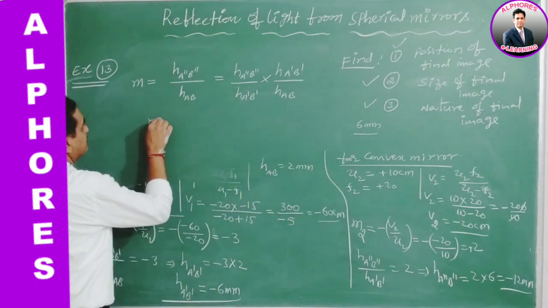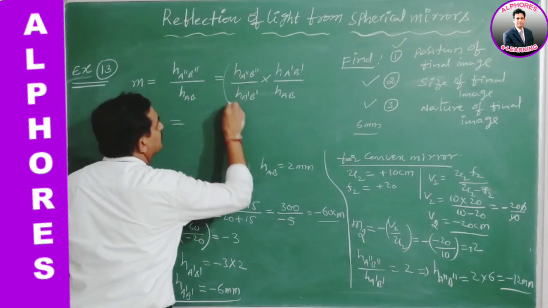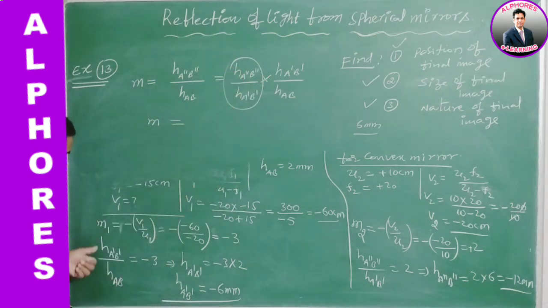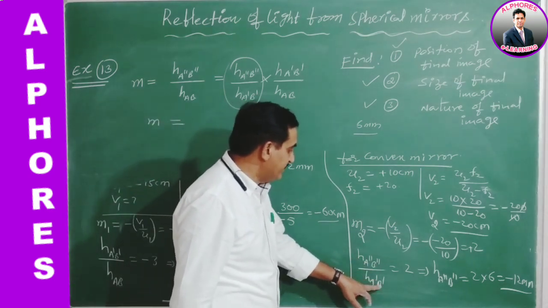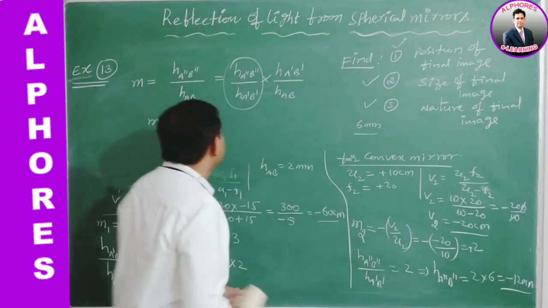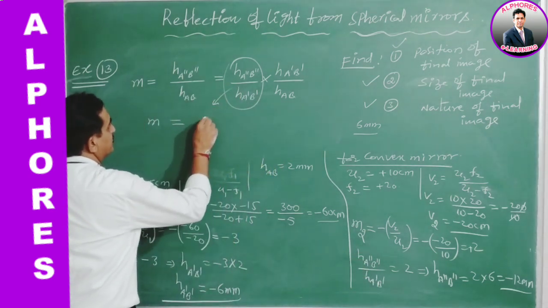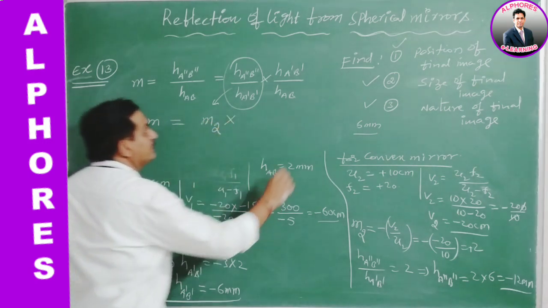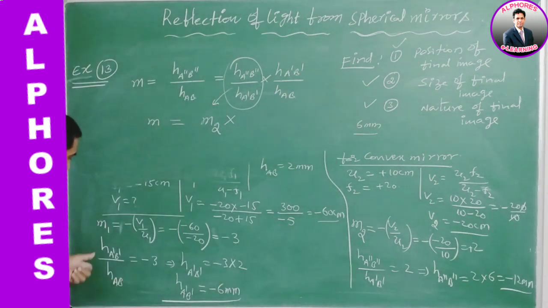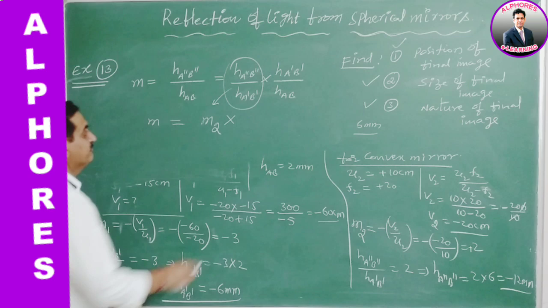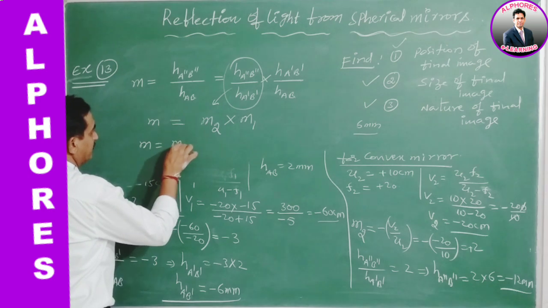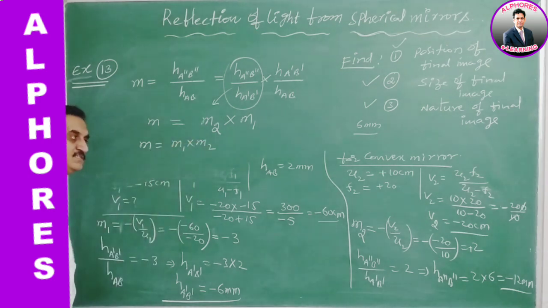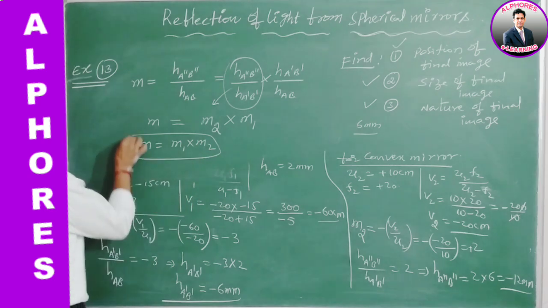Now M is equal to H A double dash B double dash by H A dash B dash. Its ratio is M2. Therefore instead of this we substitute M2, and instead of H A dash B dash by H A B we substitute M1. So the total magnification is M1 into M2. This is the formula for total magnification.